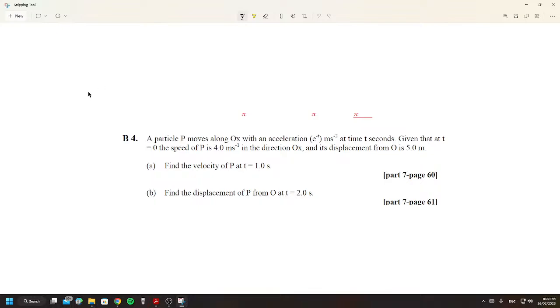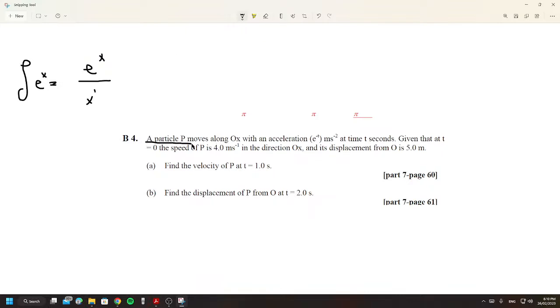So, we know that the integral of E, so E of x, is equal to E^x over x prime. Okay? So what do we have here?